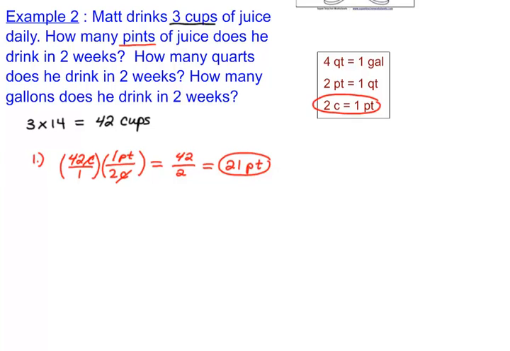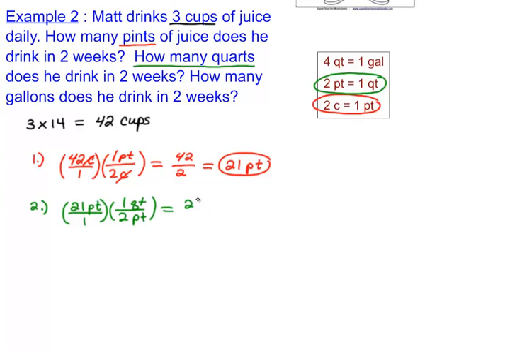So now the next question asks, how many quarts does he drink? I don't need to go back to the 42 cups. I can just start with my 21 pints. So I've got 21 pints here. I'll put it over 1. And I know to get to quarts, I have 2 pints in 1 quart. So 2 pints, 1 quart.